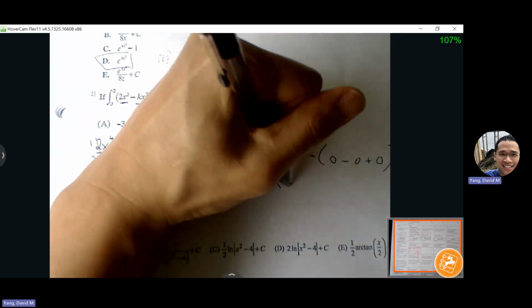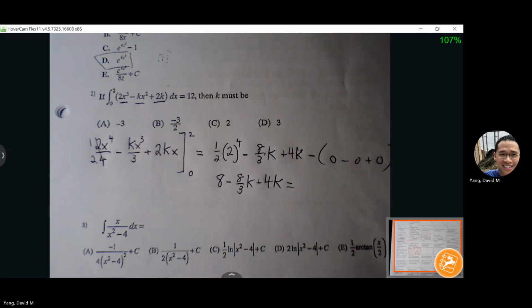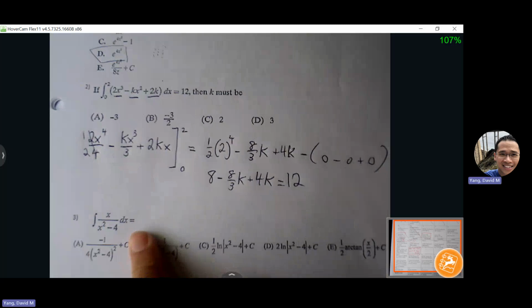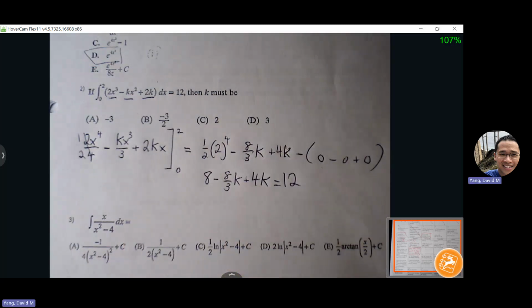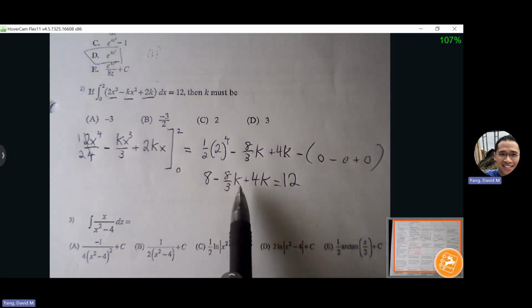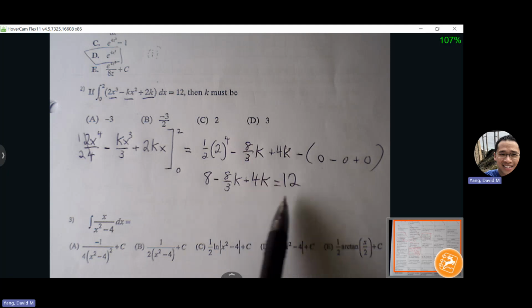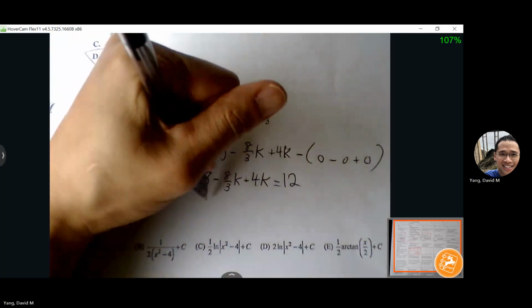Now we can do what? Set this equal to 12. Yeah. Right. Now we can solve for k because that's the only variable left, right? So now we just have to do some simple algebra here, combine like terms, do common denominator, and then get k by itself.